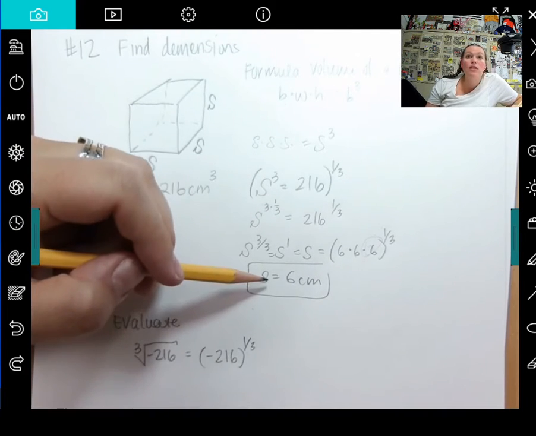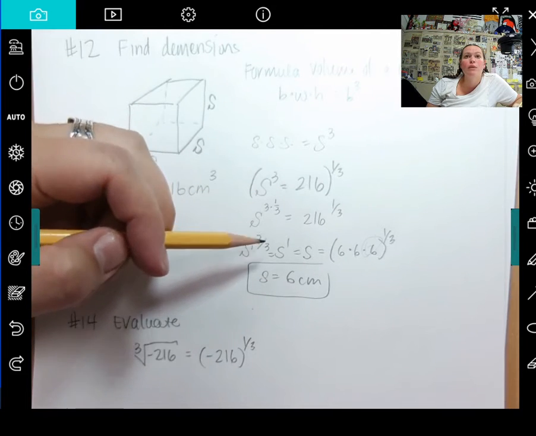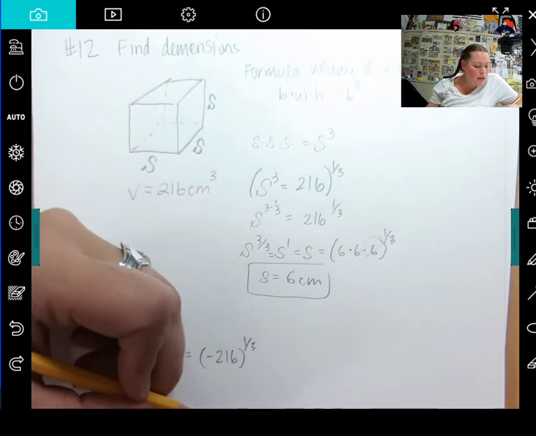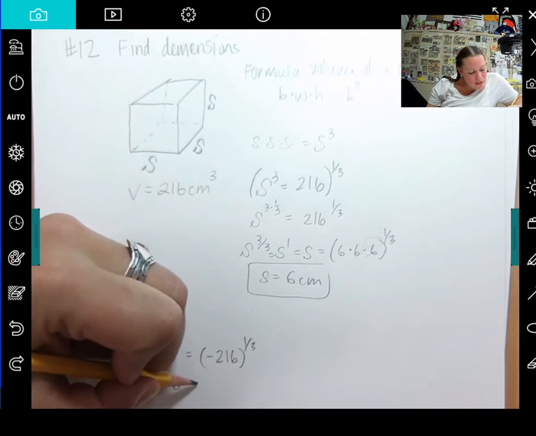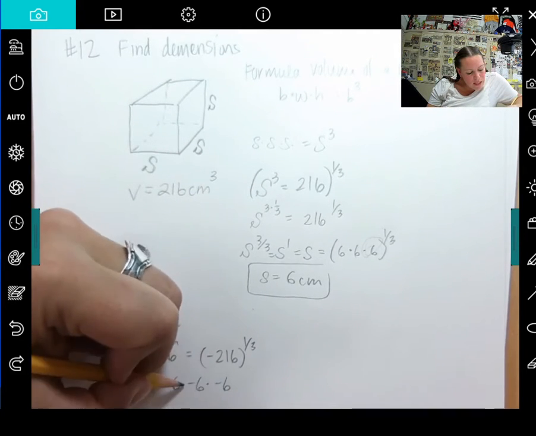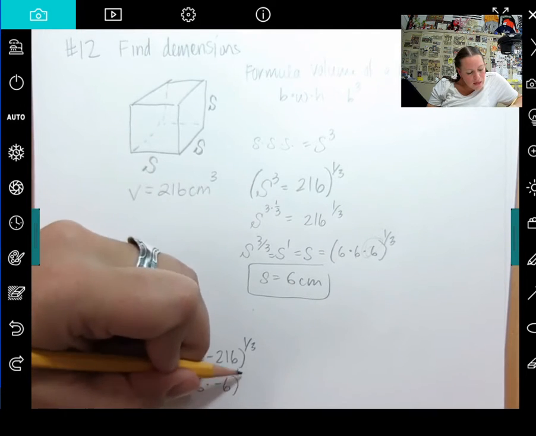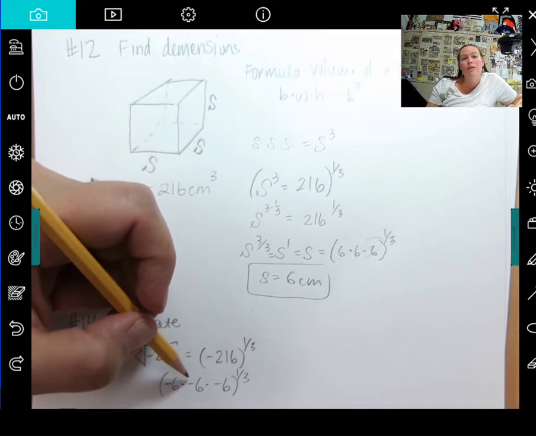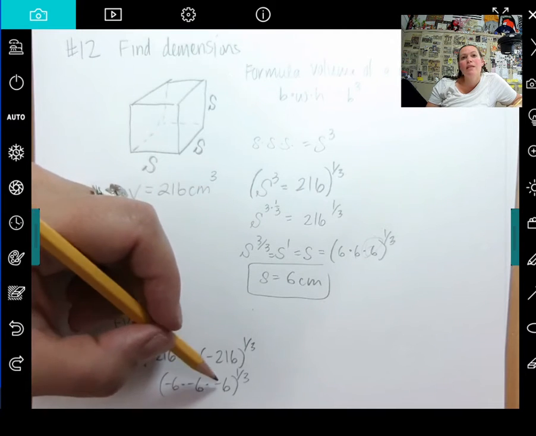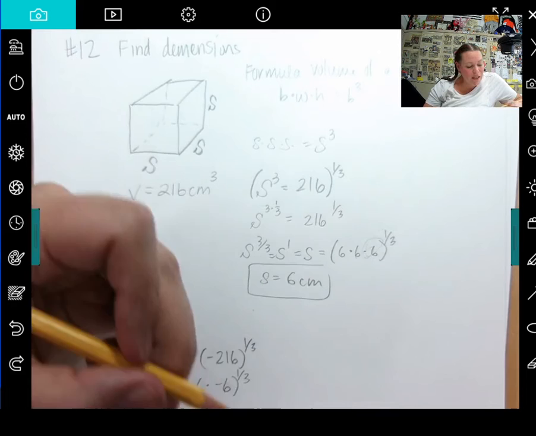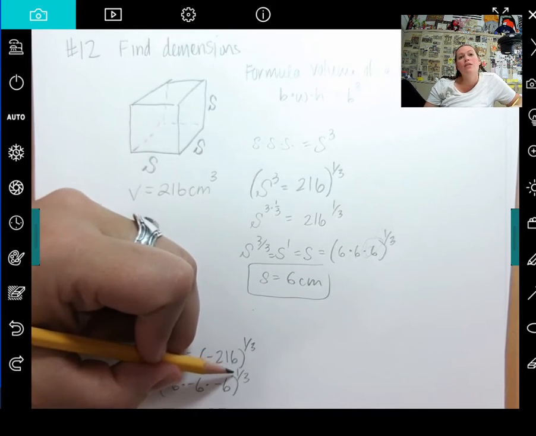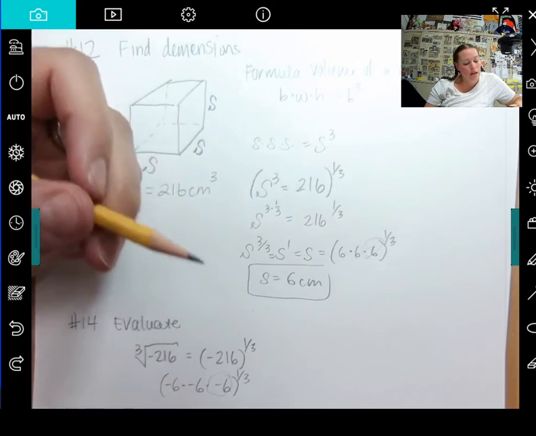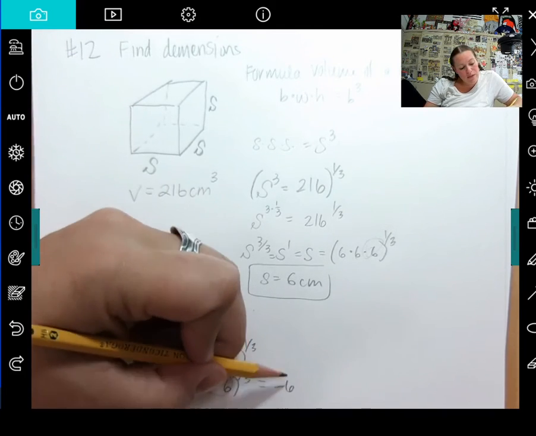So we just saw up above in number 12 that 6 times 6 times 6 gives us 216. So I know if I took negative 6 times negative 6 times negative 6, I will get negative 216. So the negative times the negative becomes a positive, and then that positive times the remaining negative leaves it as a negative answer. The number on the top of the fraction tells me how many of those to multiply together. So my answer should just be negative 6.